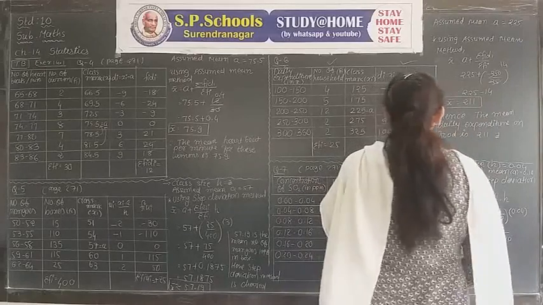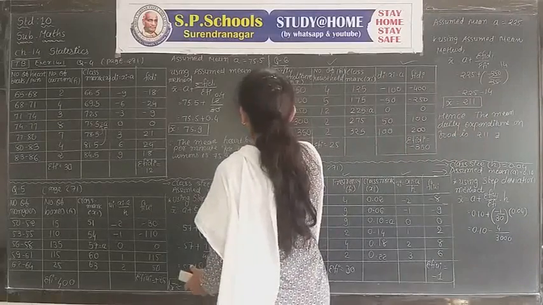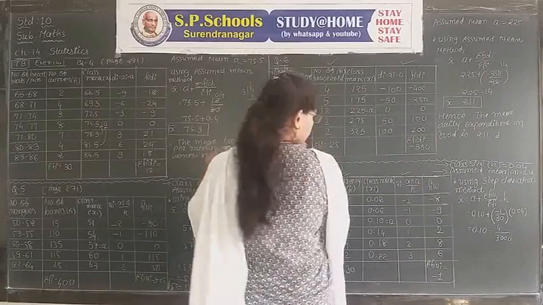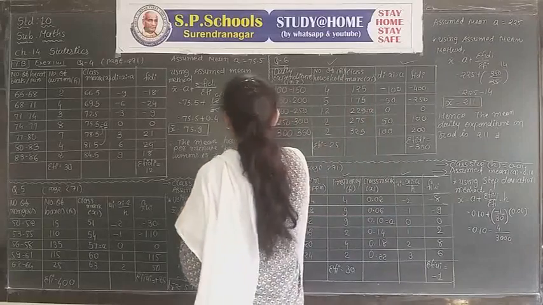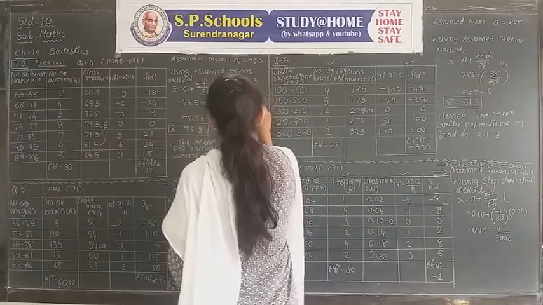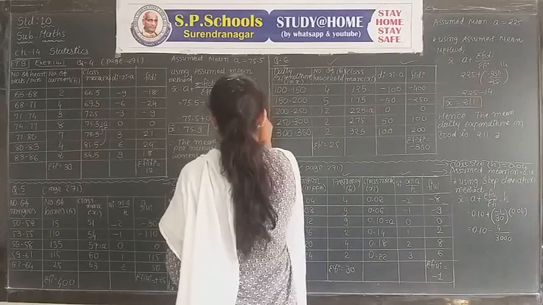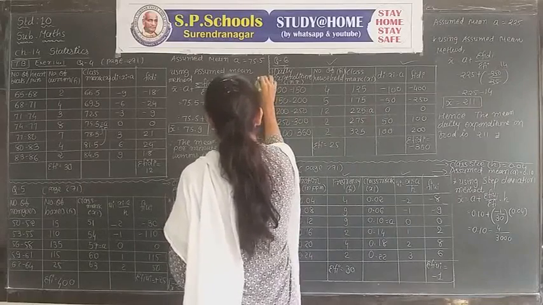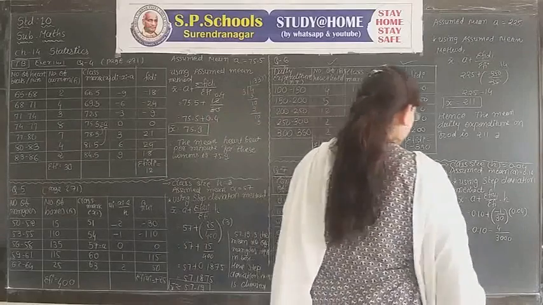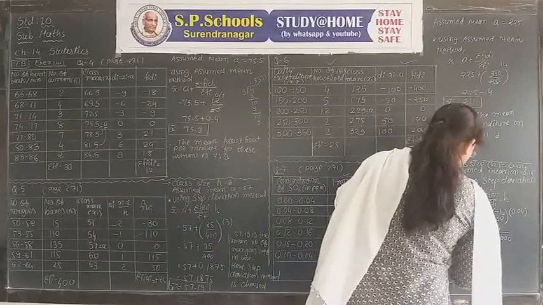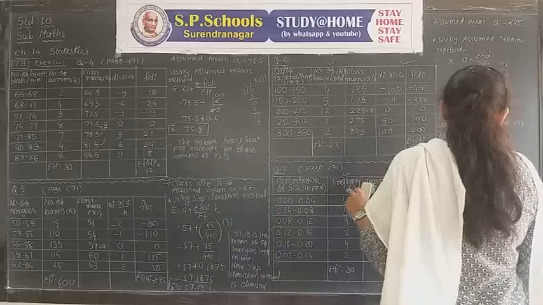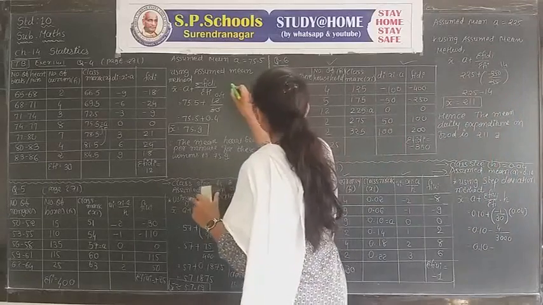Now we divide 4 by 3: 3 ones are 3, 1 point, 3s are 9, and 3, 3, 3 up to infinity is here.